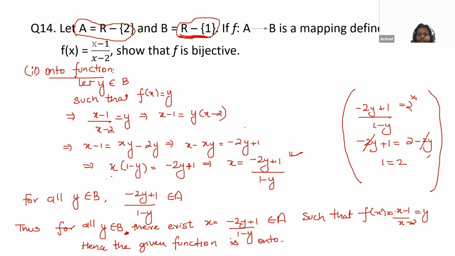Hence (minus 2y plus 1) by (1 minus y) is not equal to 2. Okay? So whatever value of y you put, x will always belong to R except 2. We have proved it in the bracket. So everyone please raise your hands once it is done, then we will start the next question.